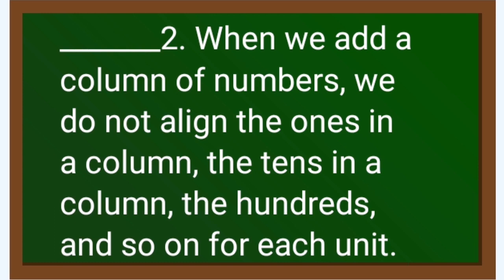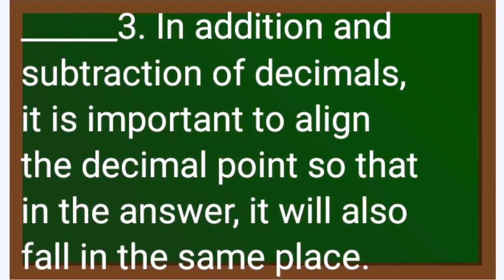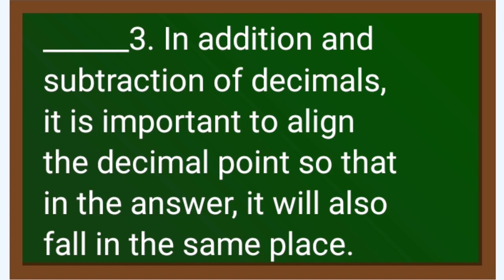When we add a column of numbers, we do not align the ones in a column, the tens in a column, the hundreds, and so on for each unit. Number 3. In addition and subtraction of decimals, it is important to align the decimal point so that in the answer, it will also fall in the same place.